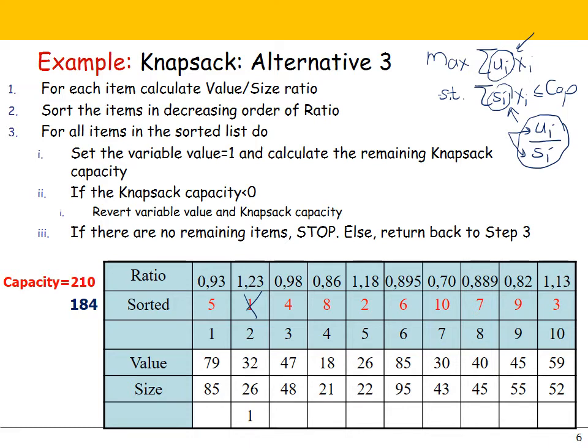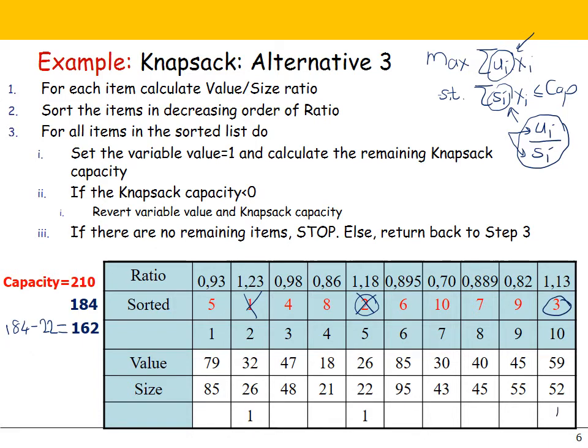Since the knapsack capacity is not less than 0, we continue with the next one. The next item is this 2. So we make its decision variable value equal to 1, and then we recalculate the remaining capacity, which is 184 minus 22, 162. We place this also because the knapsack capacity is not less than 0. The next one is item 3.